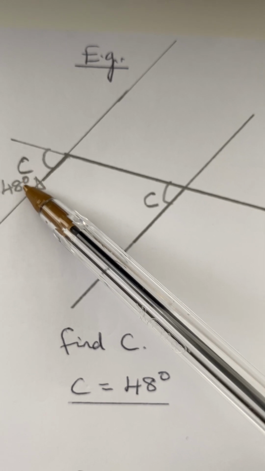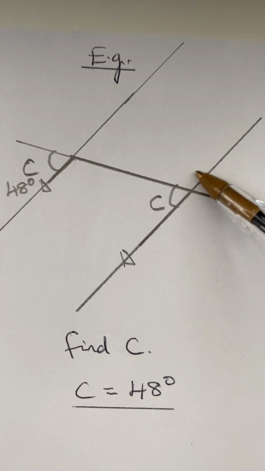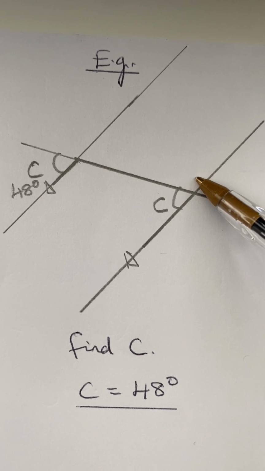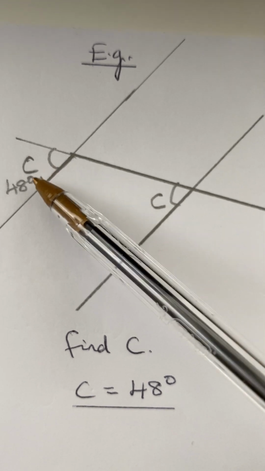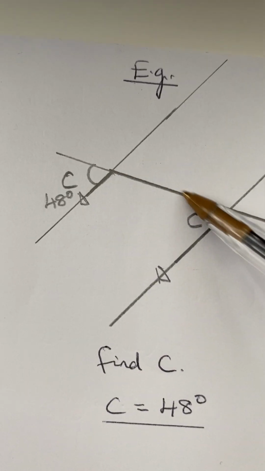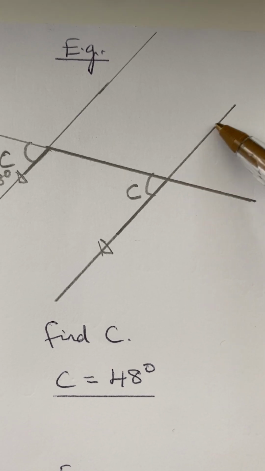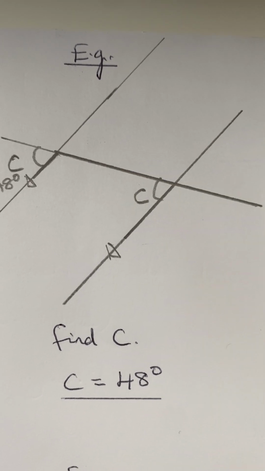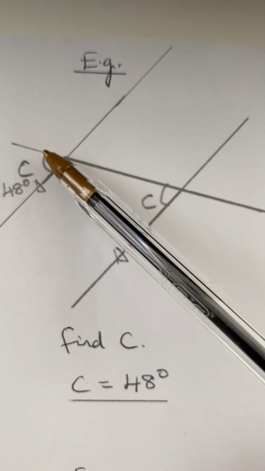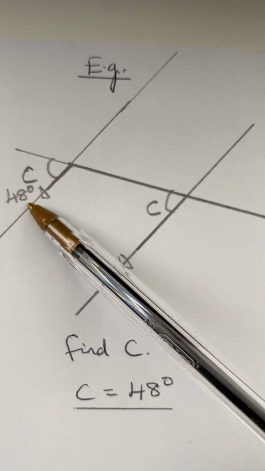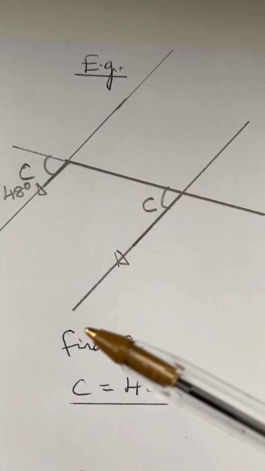If I use Z here, I wouldn't get C. I should be conscious of time as well, because if I use this angle here, yes, I might end up getting C, but it will take me a longer time. So this angle here, that is my F shape, F in the opposite direction.